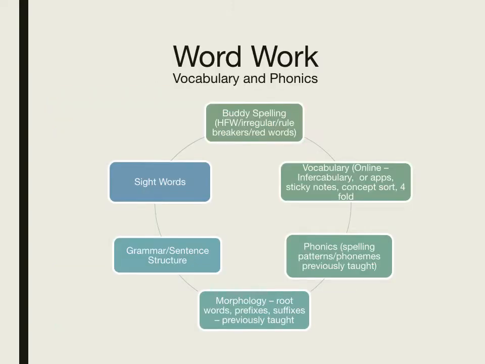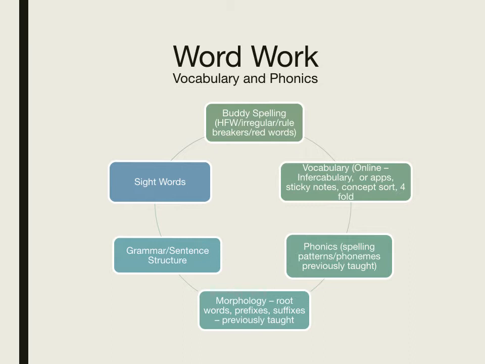Word work could have its own webinar on its own. This is very, very broad what I'm showing you here. Buddy spelling is a strategy that I used in the classroom where everybody had their own buddy spell book, and this was more an individualized spelling program where the students would have words that they frequently misspelled, so they might be high frequency words, irregular words, or rule breakers.